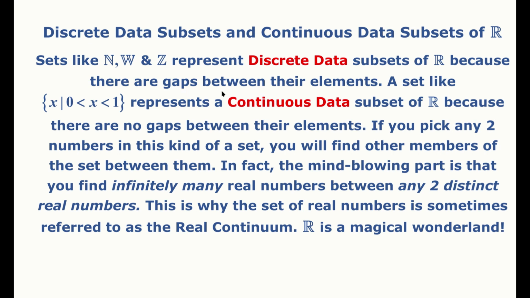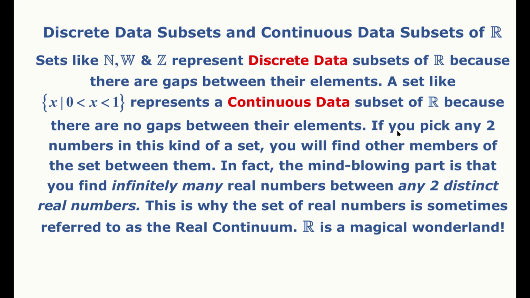Now, if, however, I look at a set like this, which says all x such that x is between 0 and 1, right? Now I'm talking about not a discrete set, but a continuous data subset of the set of real numbers, because there are no gaps between the elements of this set, okay? In other words, it's a subtle concept when you say there are no gaps, right?